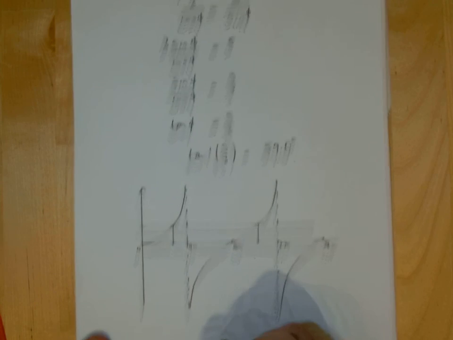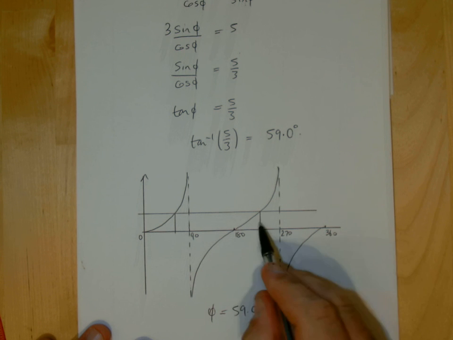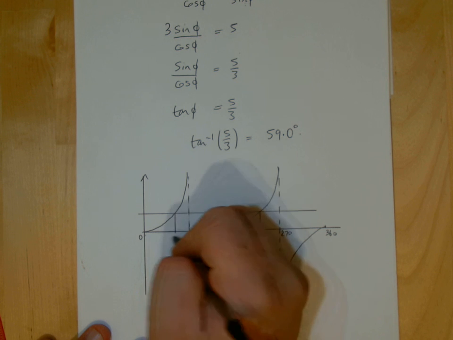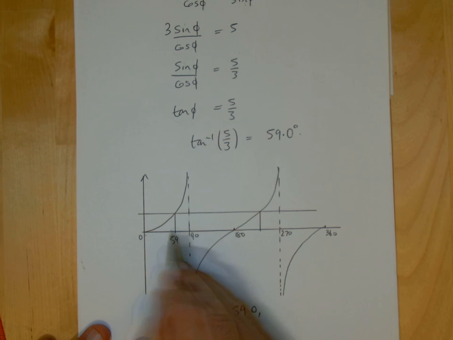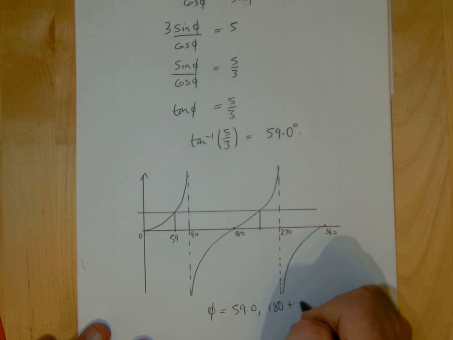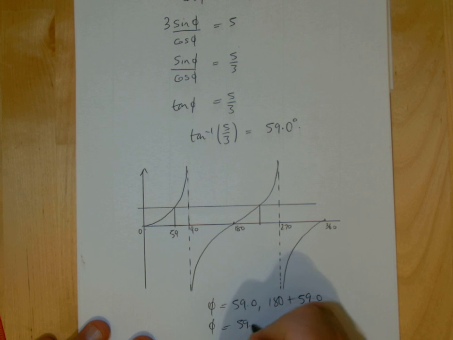So you can see my solutions: phi will be 59.0. The other solution, of course, due to symmetry, you've got 59.0 across there. So same across there from 180, it would be 180 plus 59.0. So phi will be 59.0, 239.0.